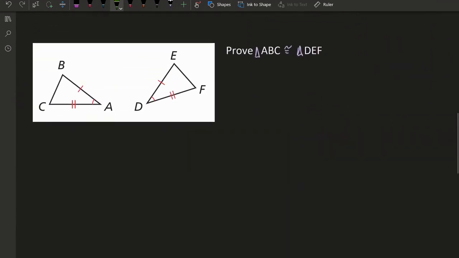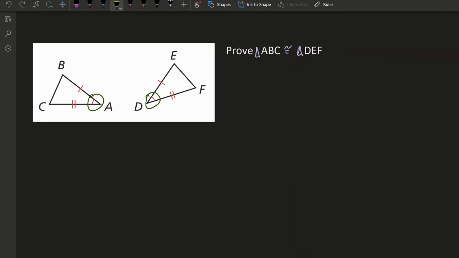Okay, so very first one, we're going to prove that triangle ABC is congruent to triangle DEF. And just by looking at this here, I can see that I have 2 sets of congruent sides and then the included angle. This is in fact the included angle. It's between the two sides.